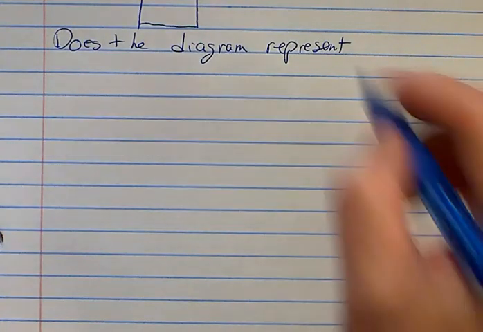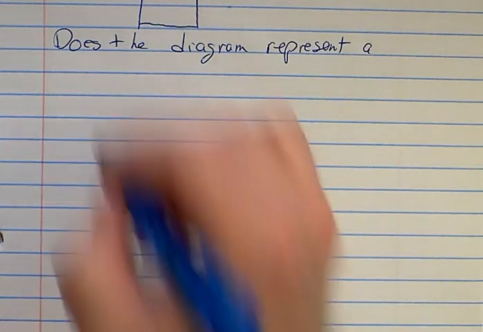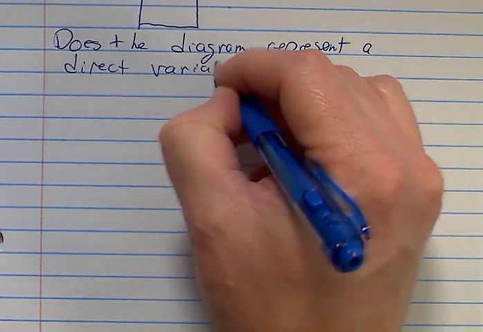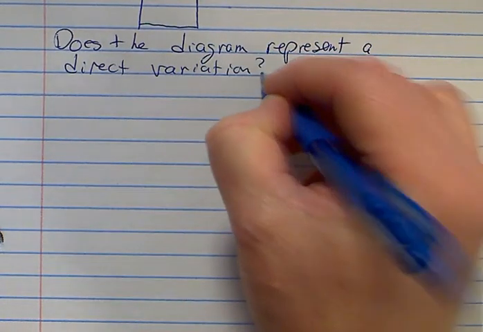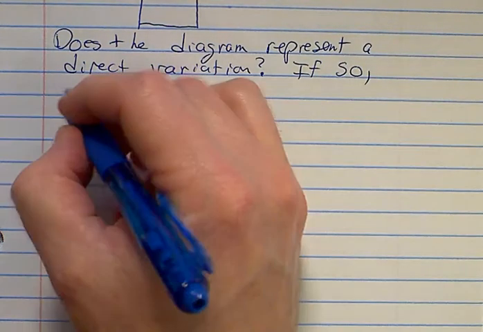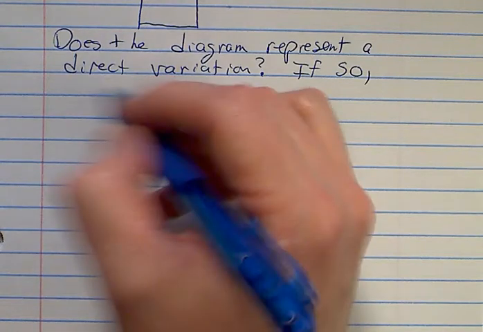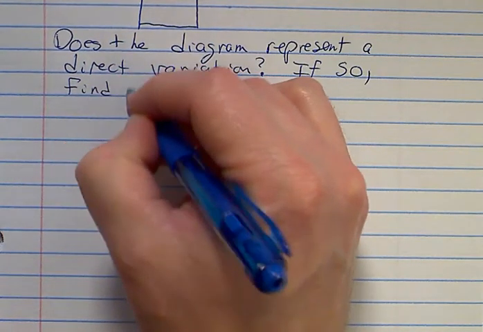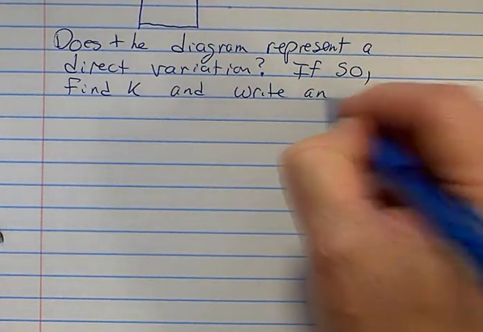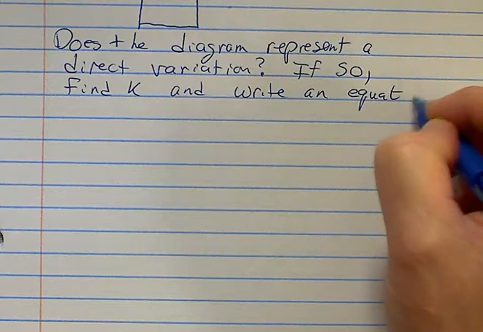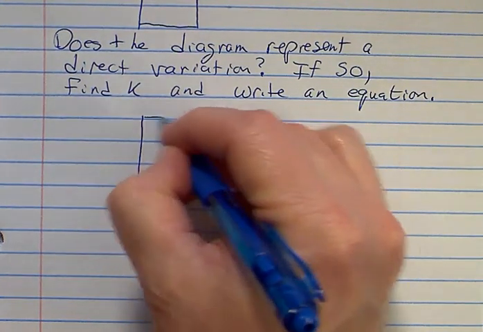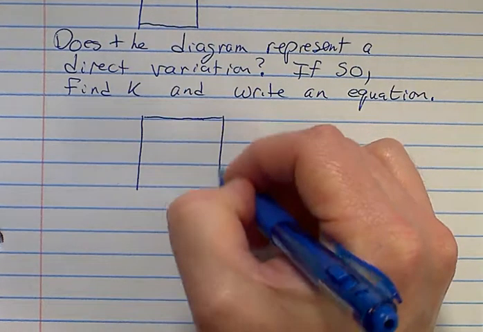Does the diagram represent a direct variation? And if it does, find k and write an equation. All right, we'll keep this one short. We're only going to need 3 sets of numbers.